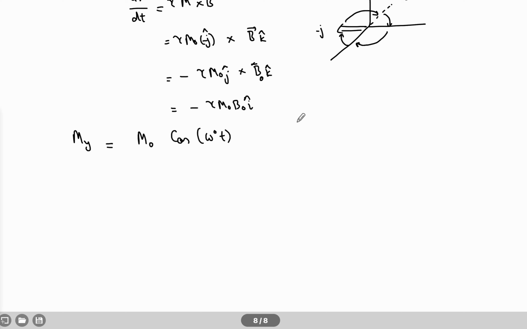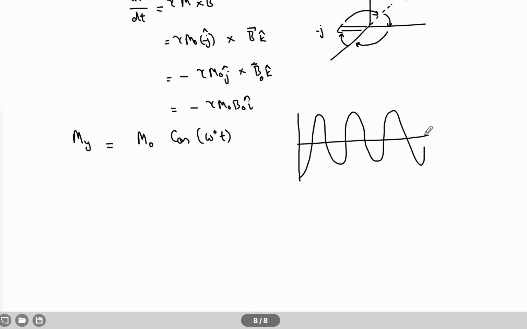This will be the projection along y-axis, and I can draw it like this. It's like a cosine wave. I know it's a very bad drawing. So this is my My, right? And this is time. And this will give me the wavelength, which will be equal to 2 pi by omega naught, right? From here to here.